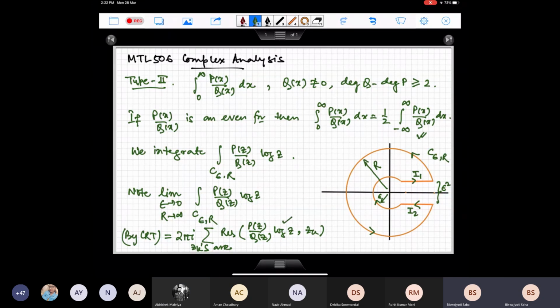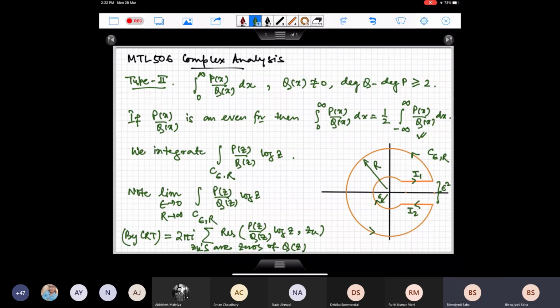So singularity of this function means what are those singularities? Do we have a singularity of log? Do we have a singularity of p? Any of them? So where exactly are the singularities coming from? They are zeros of qz. Absolutely. Zk's are zeros of qz. So remember, from the first case, there is a slight difference over here.